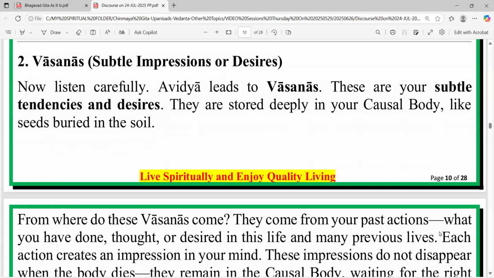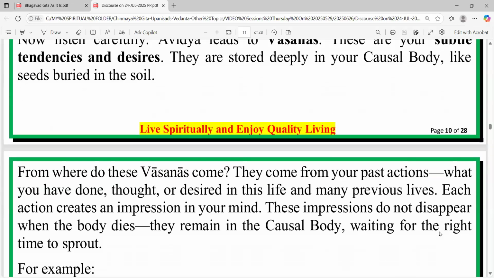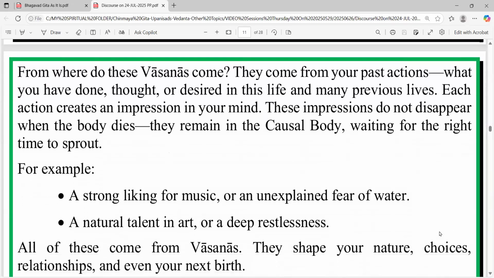Number two, now listen carefully. Avidya, which we discussed, leads to vasanas. These are your subtle tendencies and desires. They are stored deeply in your causal body like seeds buried in the soil. From where do these vasanas come? They come from your past actions, what you have done, what you have thought, or what you have desired in this life and many previous lives. Each action creates an impression in your mind.